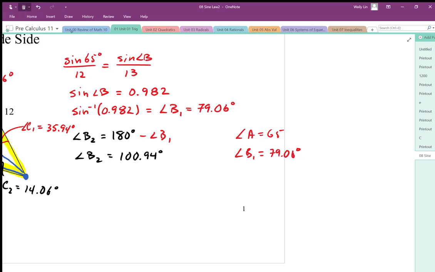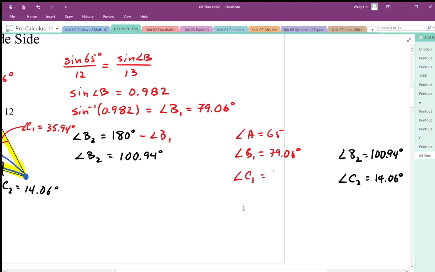Angle B2, and this is important to make sure that we separate this out, was 100.94 degrees. Angle C2 worked out to be 14.06 degrees. And angle C1 worked out to 35.94 degrees.